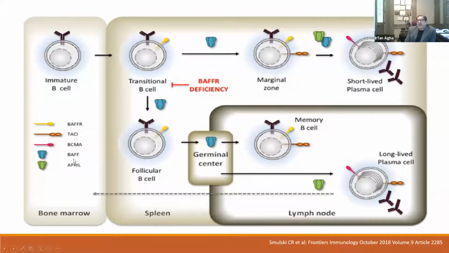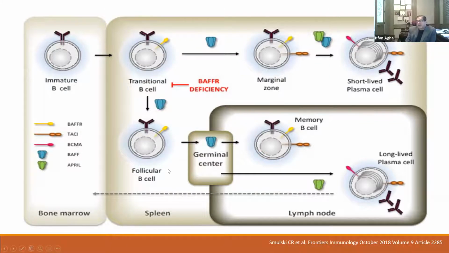BAFF is B cell activating factor, which is also known as B lymphocyte stimulator. And APRIL, these are TNF family cytokines that have a cardinal role in the development of B cells as the B cells are undergoing the marginal zone or follicular reactions that we talked about.